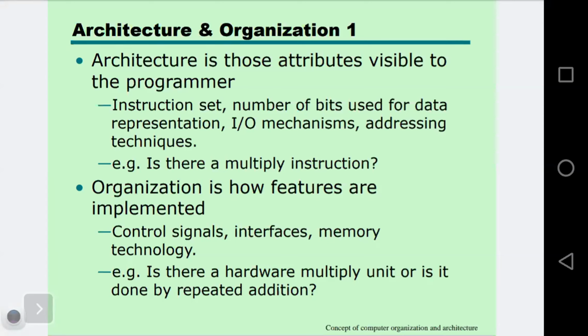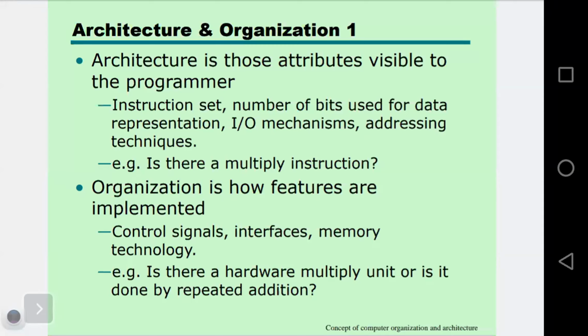Organization means how features are implemented. Suppose the multiply instruction is there, but how is it implemented? That comes under the organization. How it is actually executing, like the control signals required, interfaces between the different components, memory technologies used, comes under the organization.